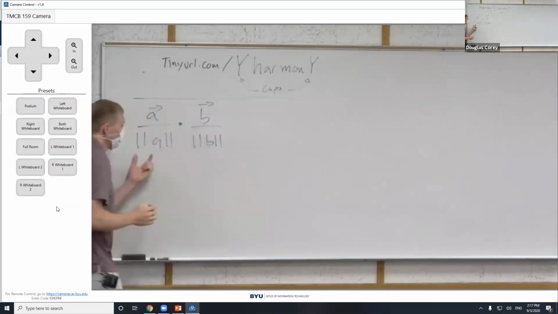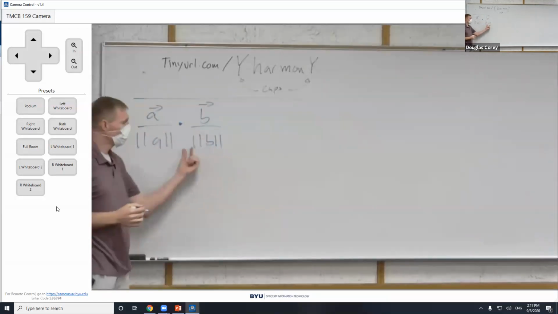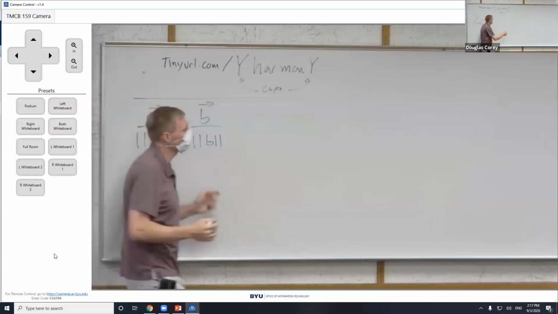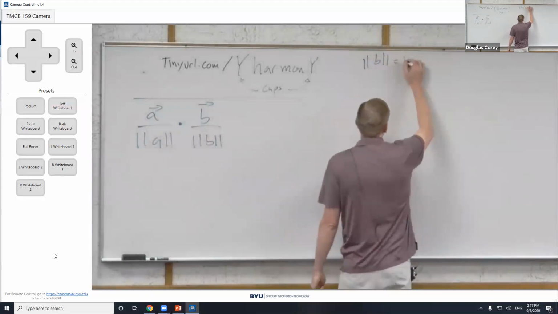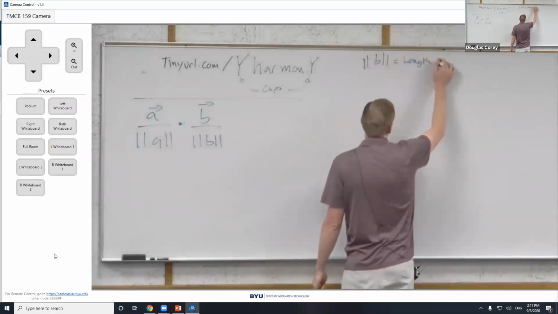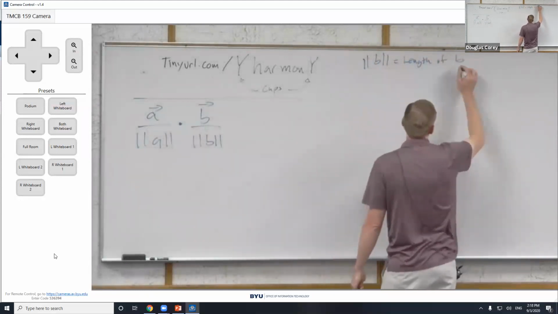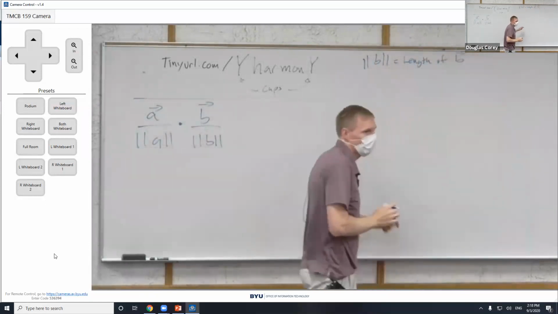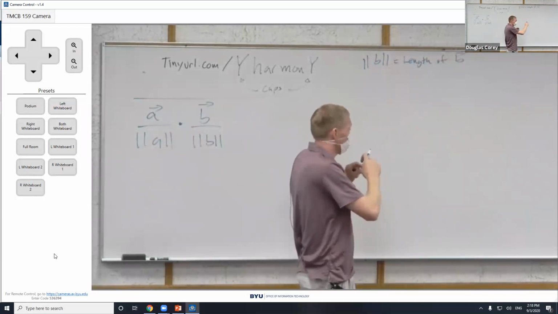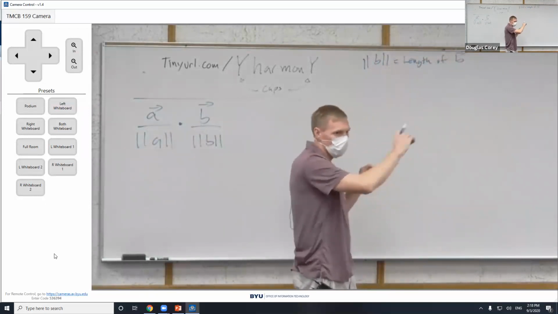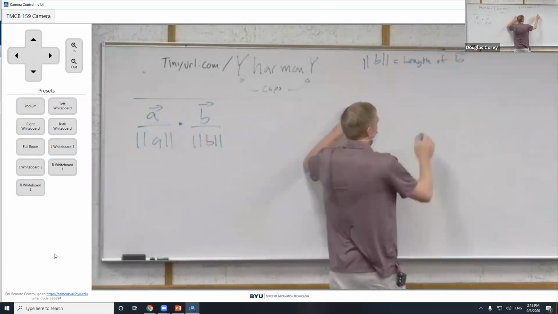Okay, so these double lines on each side, let's just talk about those really fast. That's the notation for the length of B. Like if you were to go from the head to the tail and measure it out on the grid or in space, that's going to be the length.